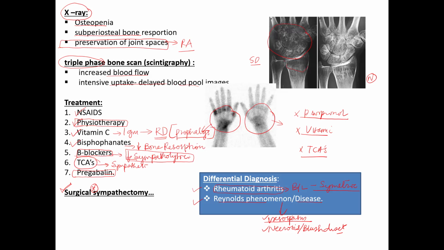The bone scan is confirmation, one more important diagnostic tool. Treatment has multiple options: beta blockers, vitamin C and tricyclic antidepressants hold good, and non-responding cases need surgical sympathectomy. You need to differentiate from rheumatoid arthritis or Raynaud's phenomenon and Raynaud's disease. In complex regional pain syndrome 1, there is no associated nerve injury, whereas in complex regional pain syndrome 2, there is associated nerve injury.